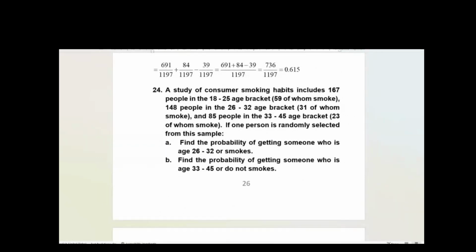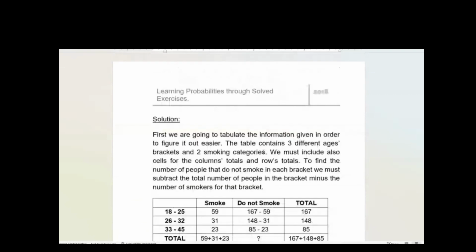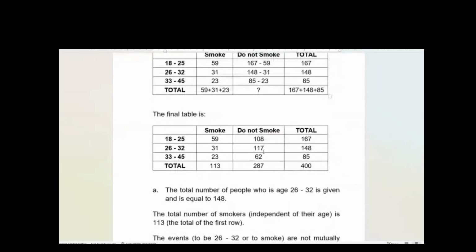This is based on the number of people that are in each bracket. There are 167 people in the first bracket, 148 people in the second bracket, and there are 85 people in the third bracket.